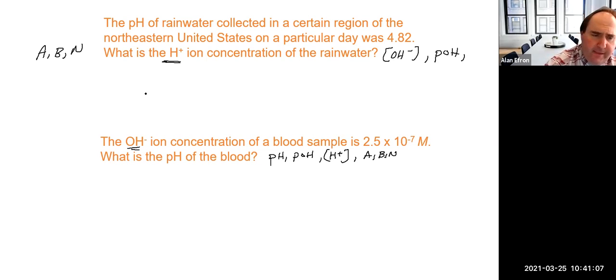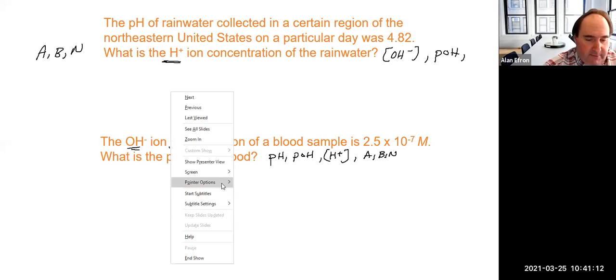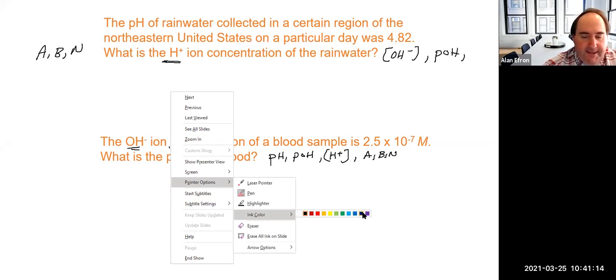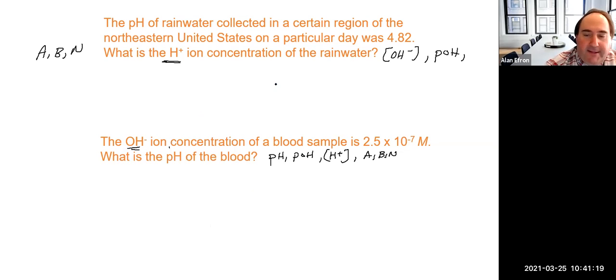So since we're really looking for everything here, you do have a couple of different places where you can start. In the first one, they gave us the pH. So we could just answer the first part of the question. We could take the pH and remember that if you have the pH, the H plus concentration will equal the inverse log of the minus pH. So on your calculator, you basically hit that second button on the top left or the shift button.